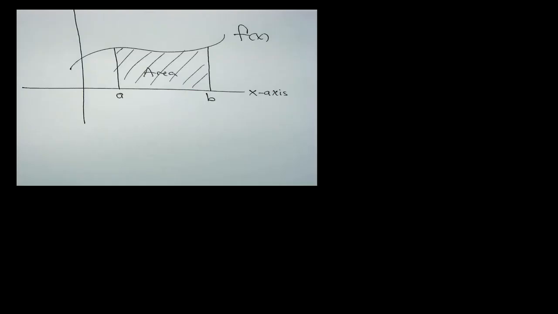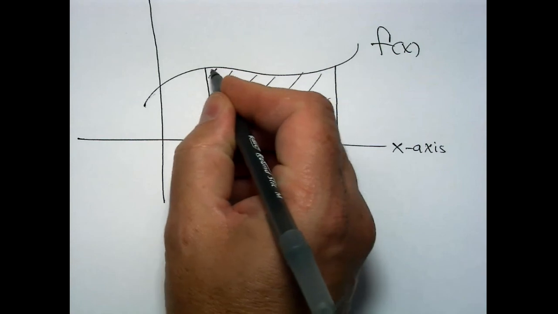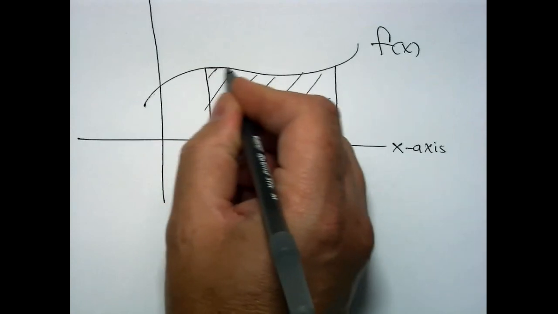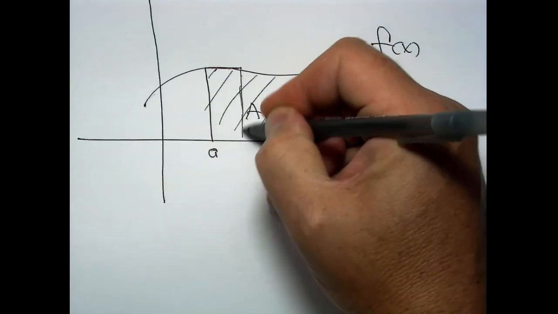So you could try to break it up into different geometrical figures that you recognize. You maybe put a big rectangle in there and maybe a few triangles on top, but those are going to be estimates. One way to get there is to use some familiar geometric constructs, like rectangles.